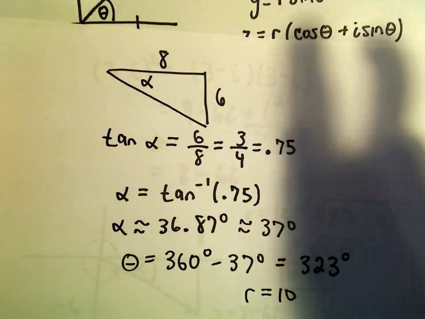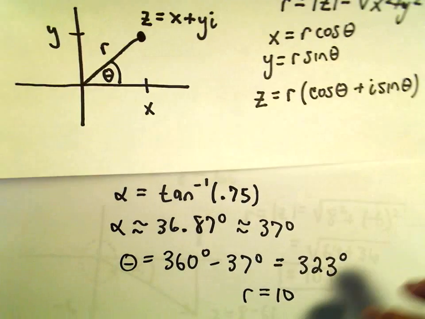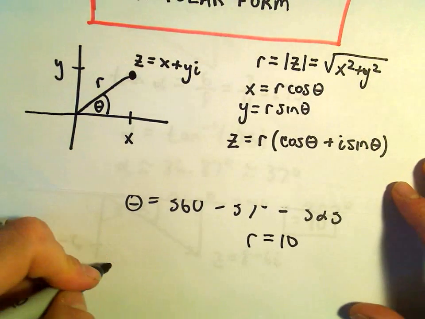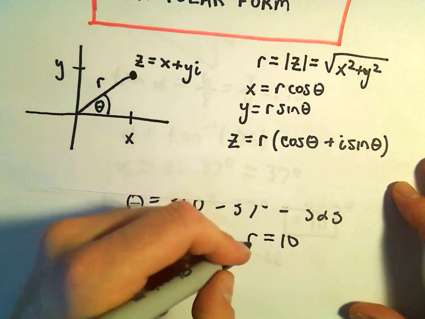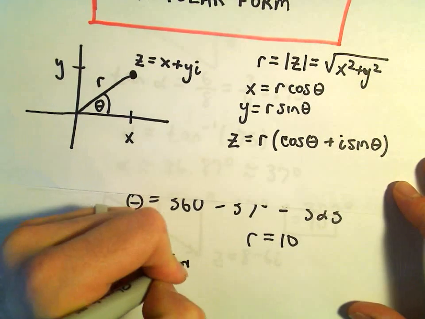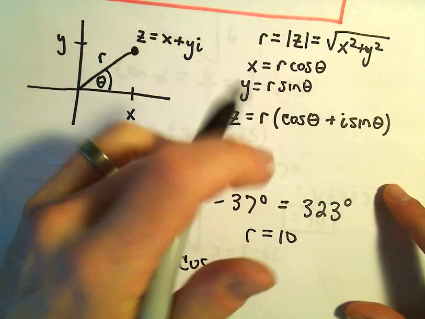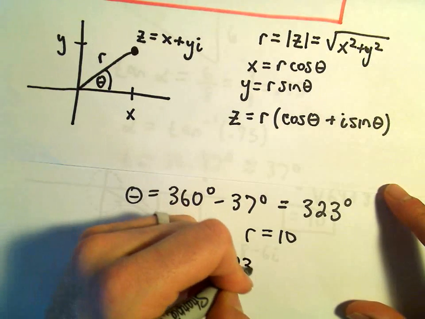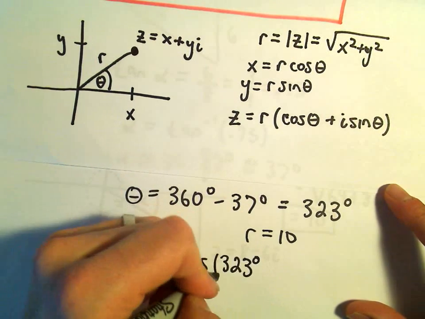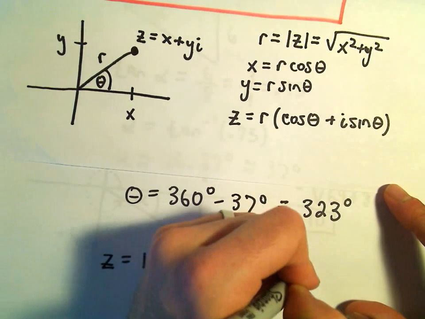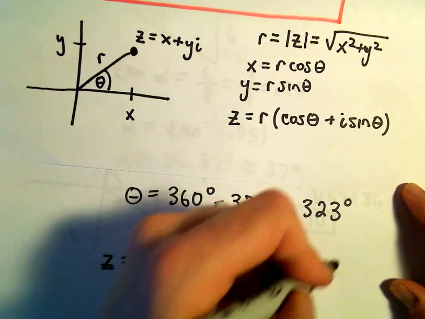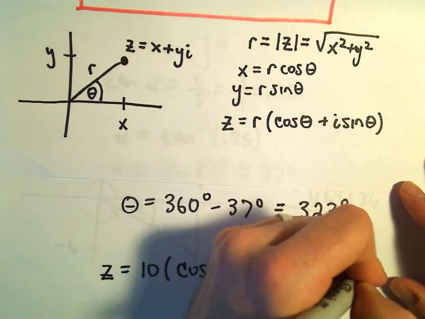So z would equal r, which is 10, and then we'll have cosine of 323 degrees, plus i times sine of 323 degrees.